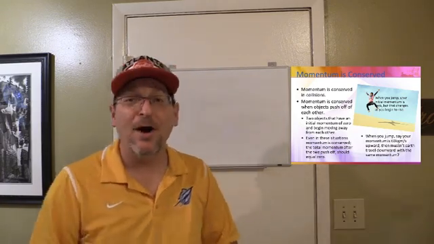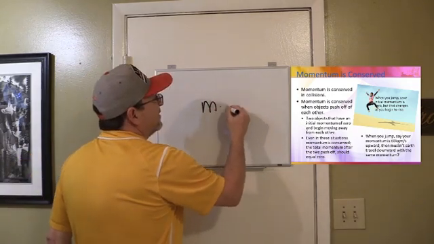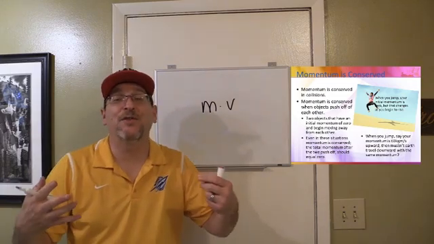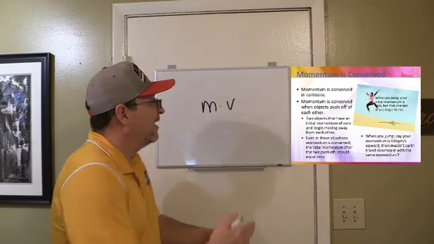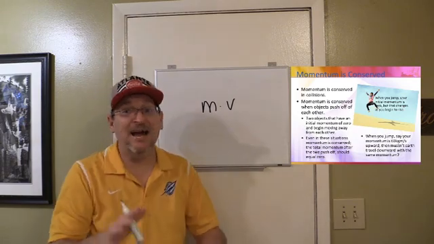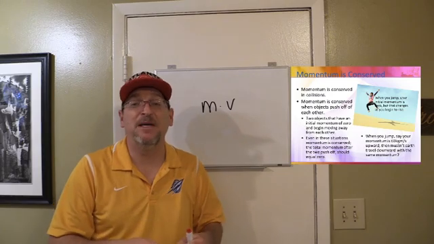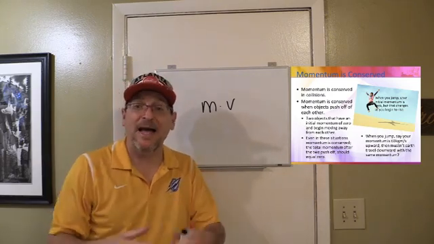But remember the parts of momentum: mass times velocity. The mass of the Earth is so much bigger than yours that, yes, it'd have the same momentum, but the velocity would be minuscule compared to what you would have because of the mass.